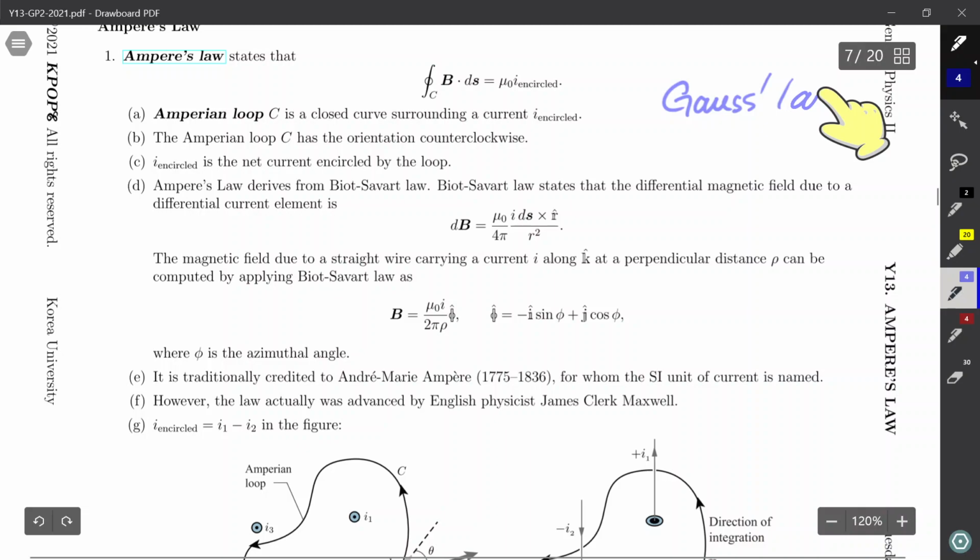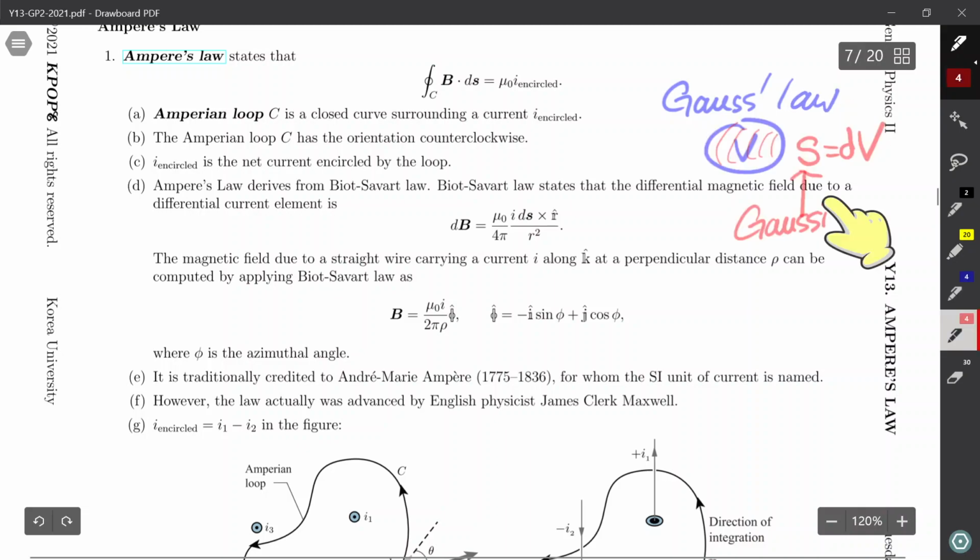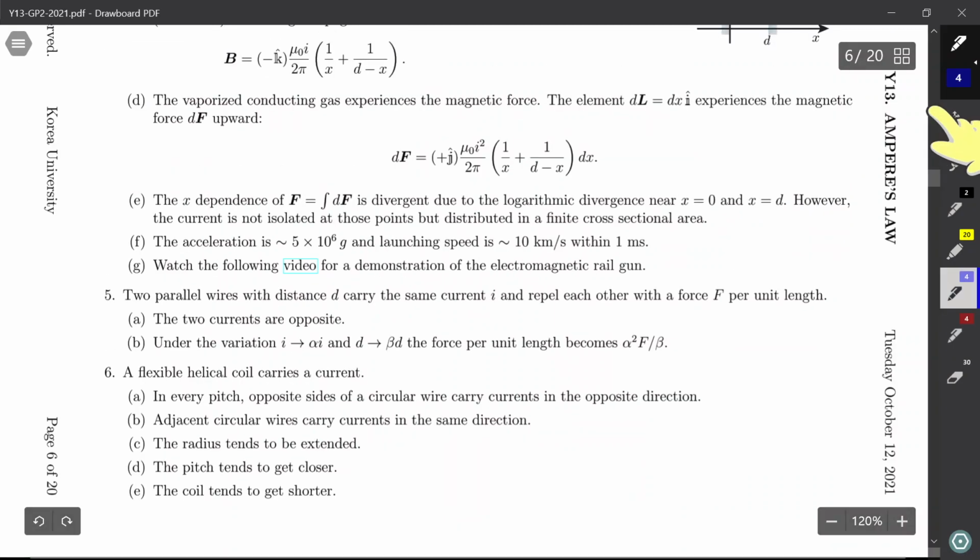The surface is a boundary of some volume, and we call this surface a Gaussian surface. And we were interested in the charge enclosed by the surface.